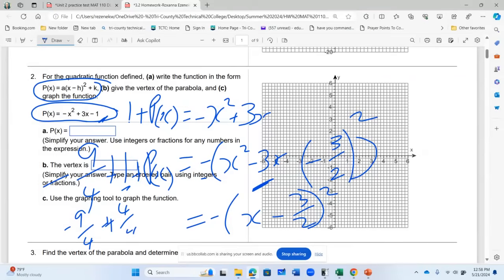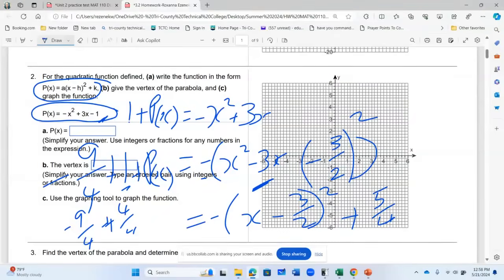That means I now have 5 over 4 remaining on the left-hand side, and it's negative. So if I add 5 over 4 on both sides, I have plus 5 over 4 here. 5 over 4, not 5 over 5. At this point, I can actually write it as a decimal.